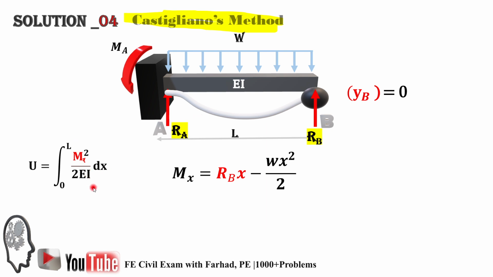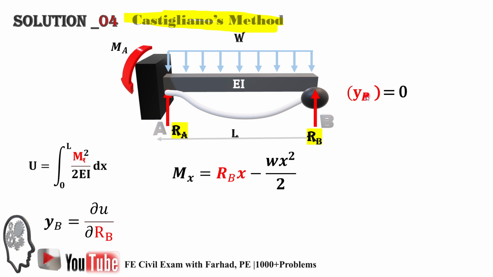If we want to calculate the deflection at B based on energy, Castigliano's method says partial U over partial of the element that creates that vertical movement.